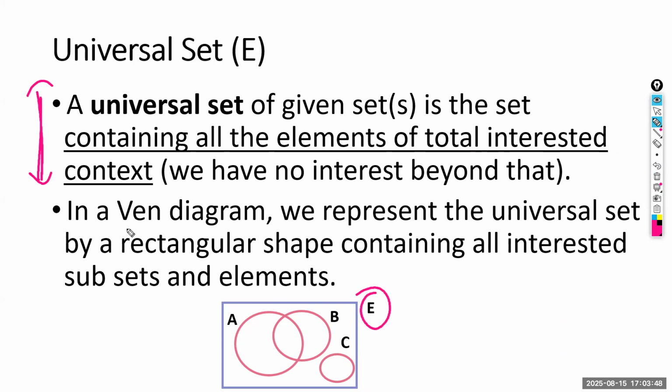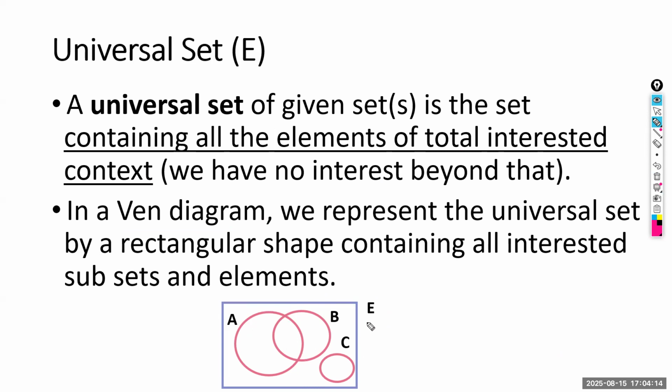And in Venn diagram, remember Venn is another British mathematician. We use his name as credit to his work. So in Venn diagram, we show it like this. But remember, if it is the universal set, all your sets must be inside that, because this is your interested total context.